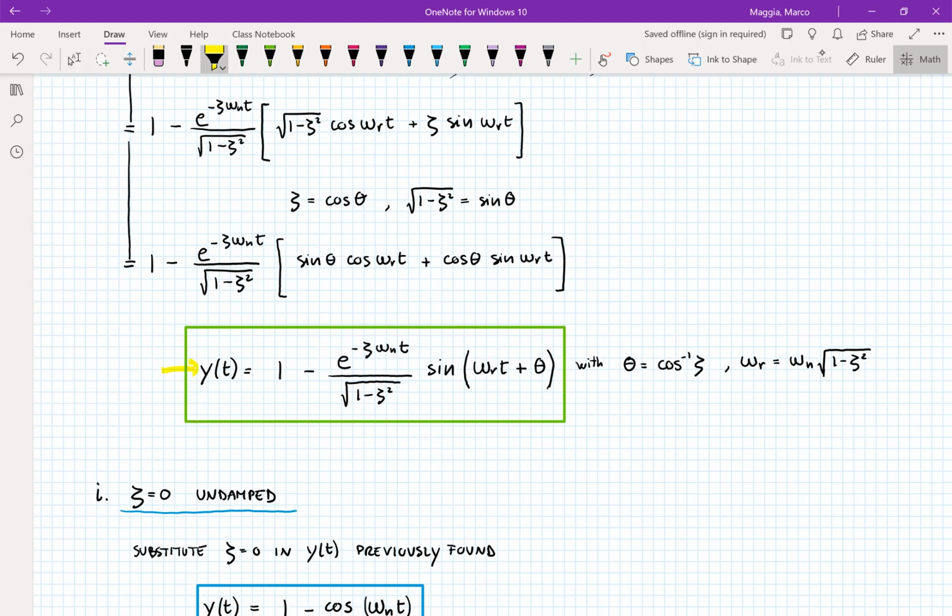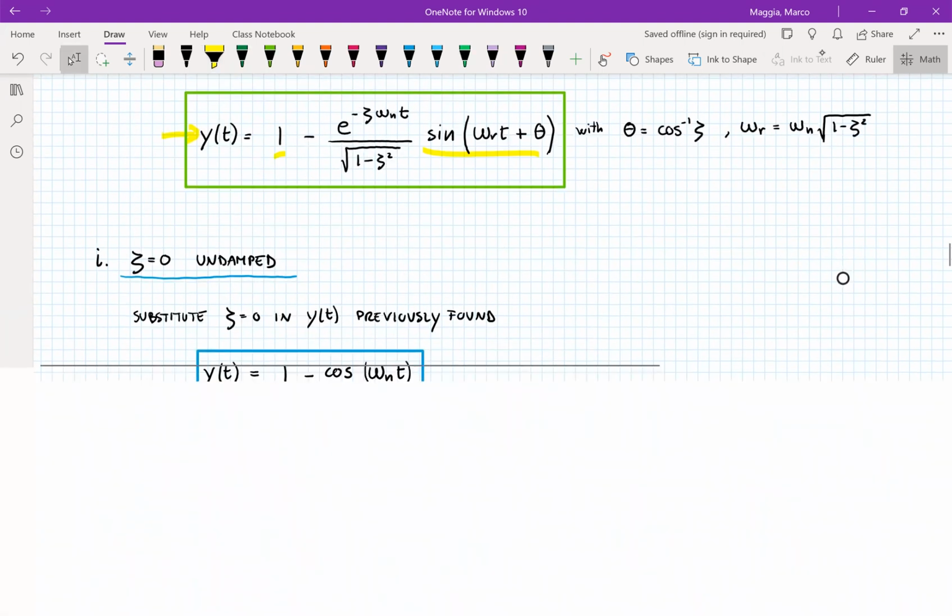And you can just consider the final result when it comes to the function in the time domain. So for the underdamped case, we have 1 minus something that looks similar to what we found earlier, that is an exponentially modulated harmonic function.